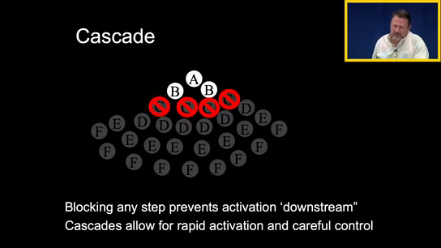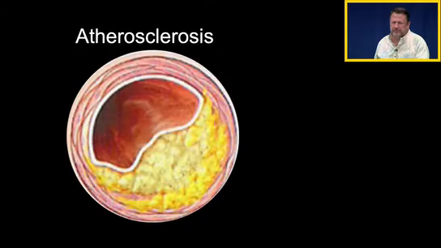One of the main reasons that we have a coagulation cascade is so that we can quickly amplify the signal. But not only do we quickly amplify the signal, we can actually quickly stop the signal as well, because we have all sorts of little control points along the way. And so by blocking any of the steps along the activation, we can stop downstream activation. So cascades not only allow for rapid activation, they also allow for careful control and rapid deactivation.